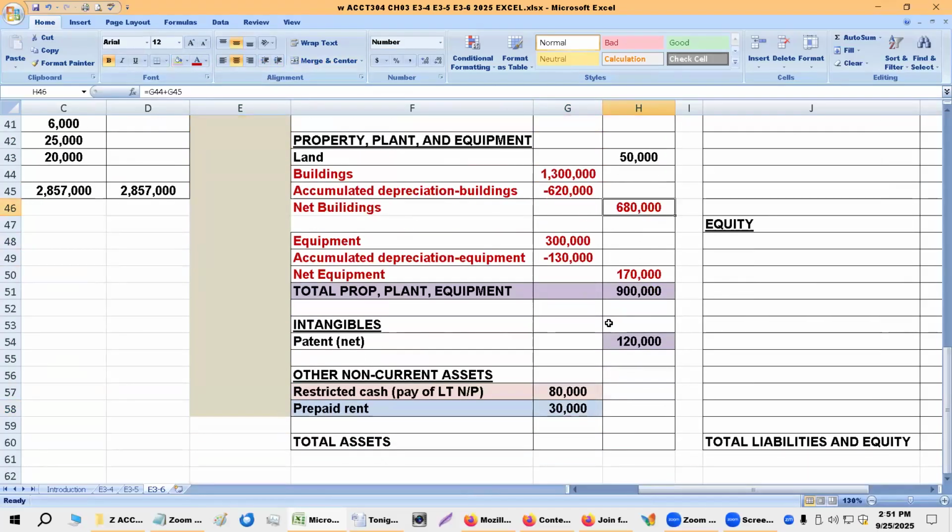I'm going to add up all the purple ones here. Total other. Total up all of them.